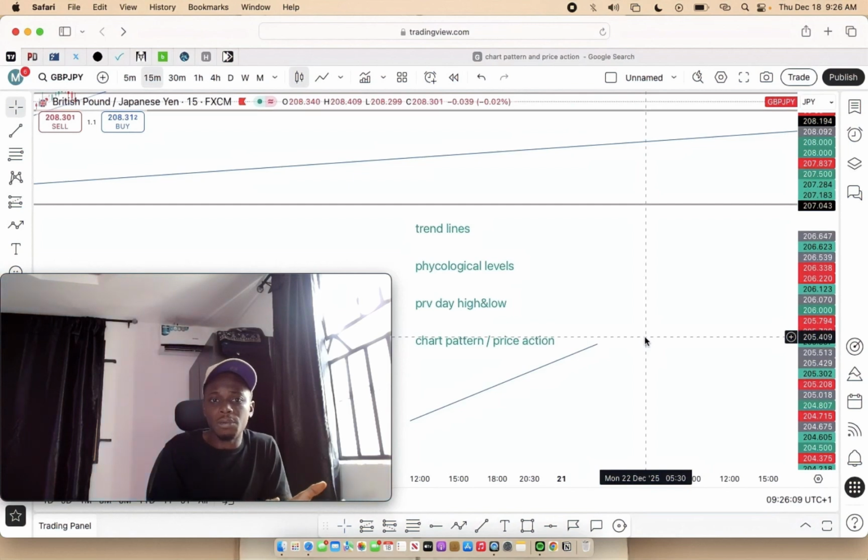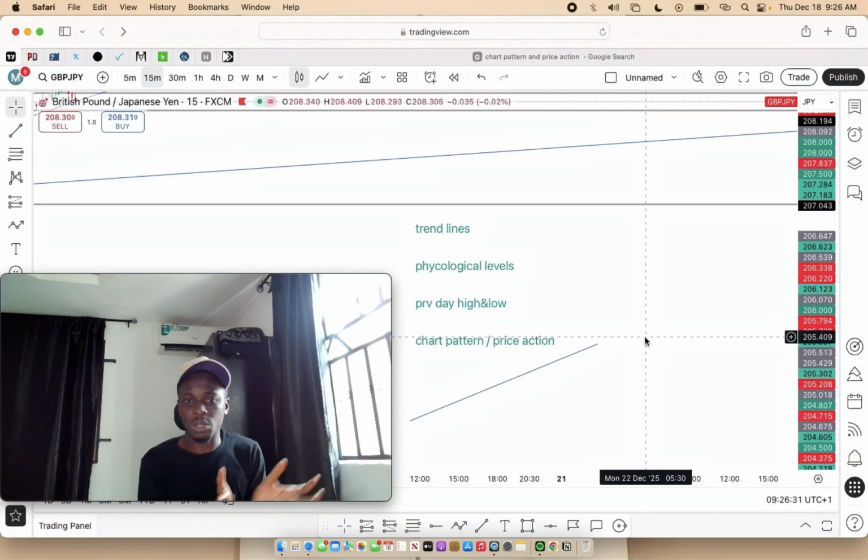You want to be patient when price gets to this level. So in line with structure, trend, and what's happening at the previous day's high or low, that's what I'm going with. So either the fake breakout or I'm getting a breakout, depending on what I'm seeing with structure.